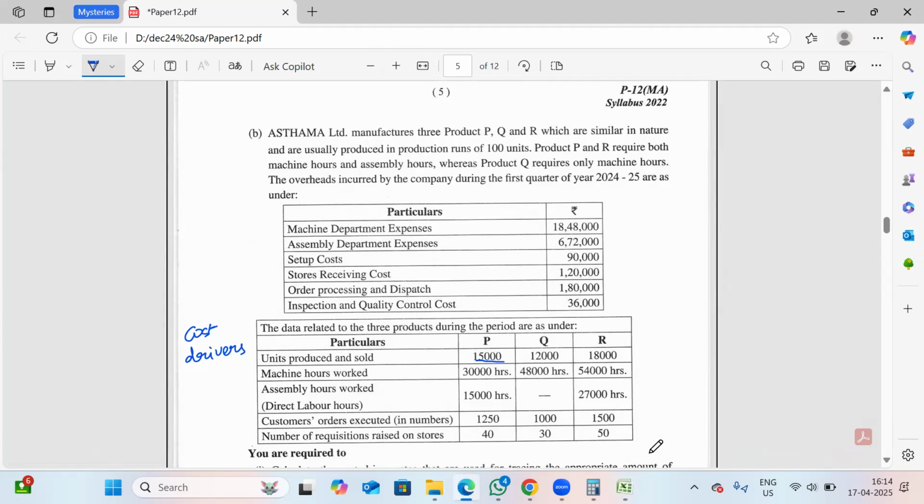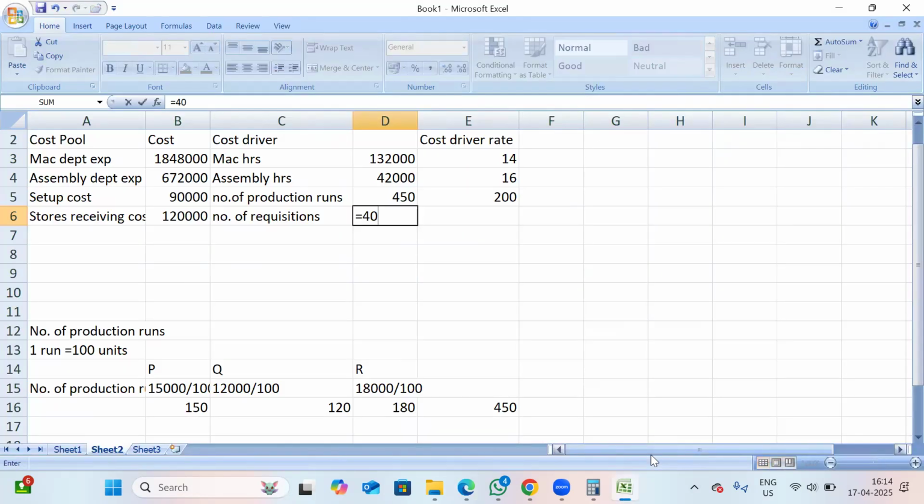Forty plus 30 plus 50, so 120. So 1,000 will be my cost driver rate.